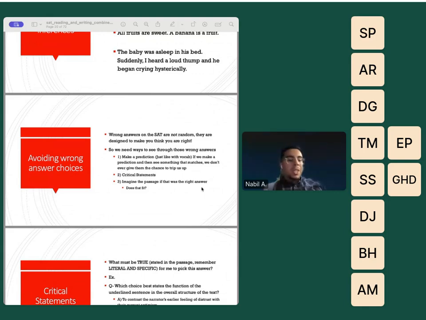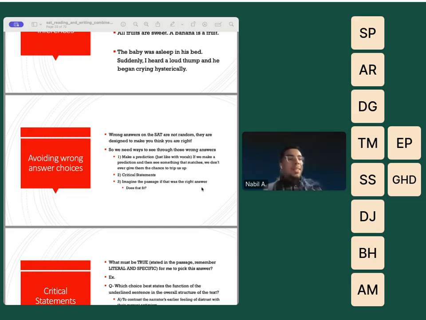Another strategy is critical statements, and I'll go into what they are on the next slide. One strategy that I really like for students, and this also comes with time as you do more prep with the SAT, is to envision: if the answer I chose was the right answer, does this fit in the passage?